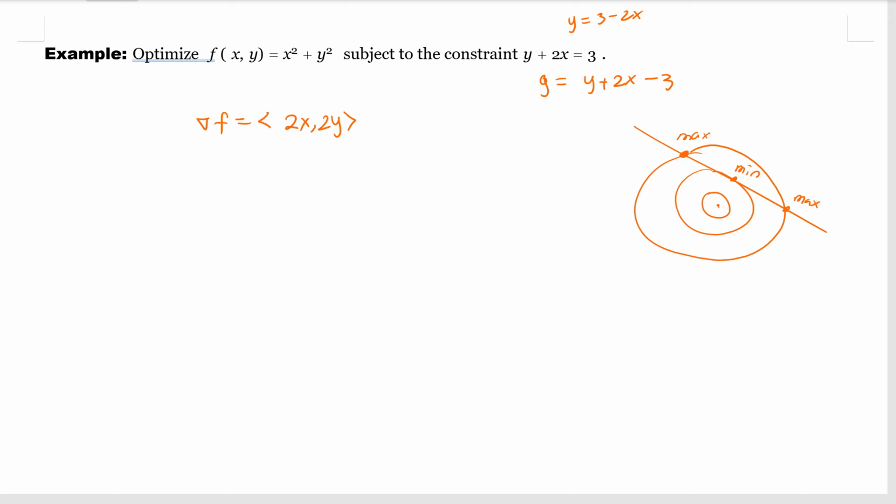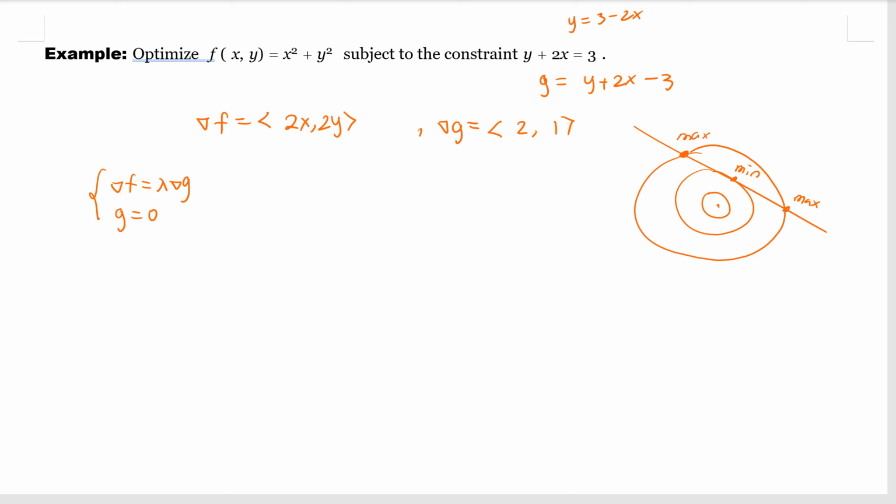Okay, so gradient of G, partial G, partial x is 2, and then derivative with respect to y is 1. Okay, then let's set it up. So gradient of F equals lambda gradient of G, and then G equal to 0.